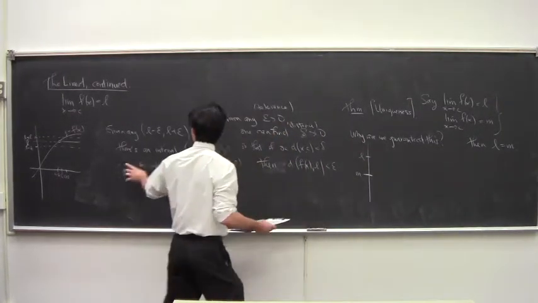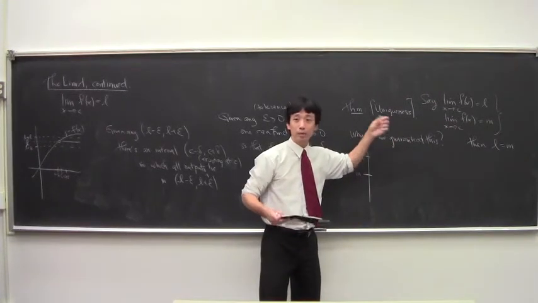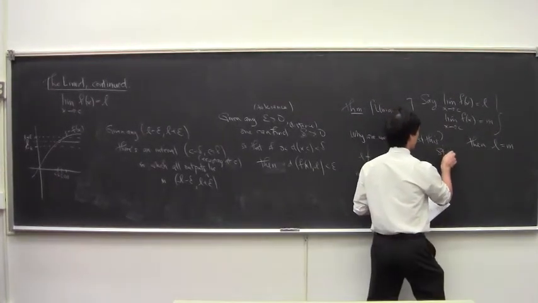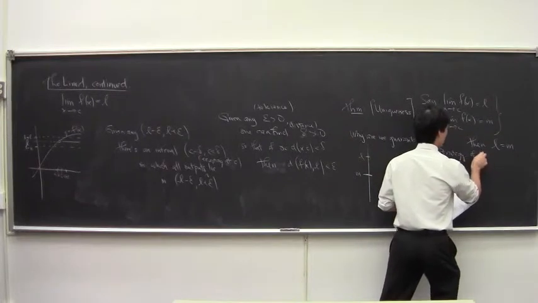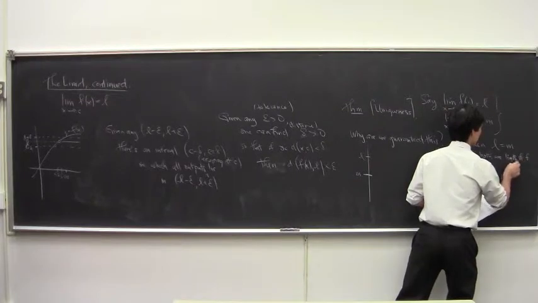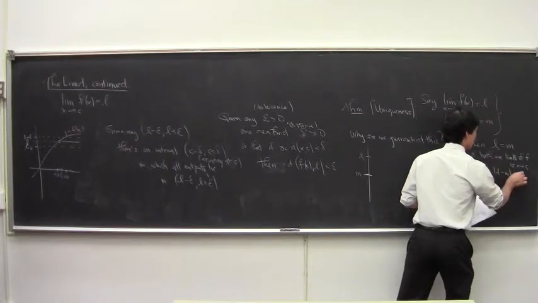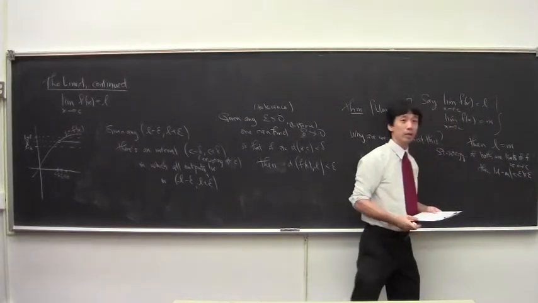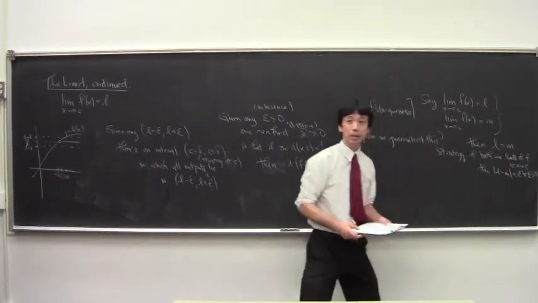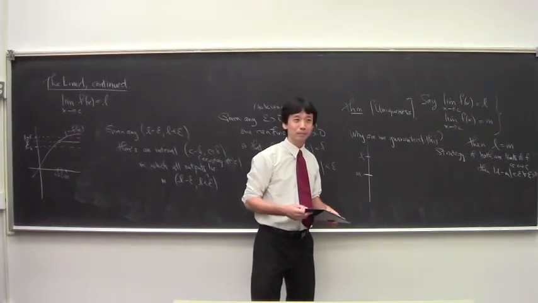Here's our strategy: if both are limits of f as x goes to c, then the distance between them is smaller than epsilon for every epsilon bigger than 0. And that will tell us that they must be the same number, just like we commented a few seconds ago.